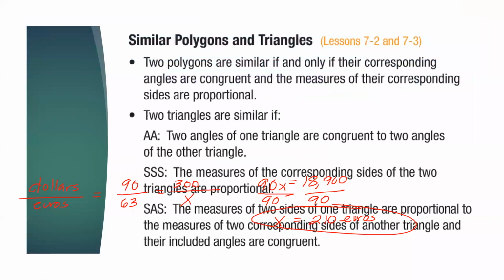Next problem. Our next section talks about similar polygons and triangles, okay? Two polygons are similar if and only if their corresponding angles are congruent and the measures of their corresponding sides are proportional.